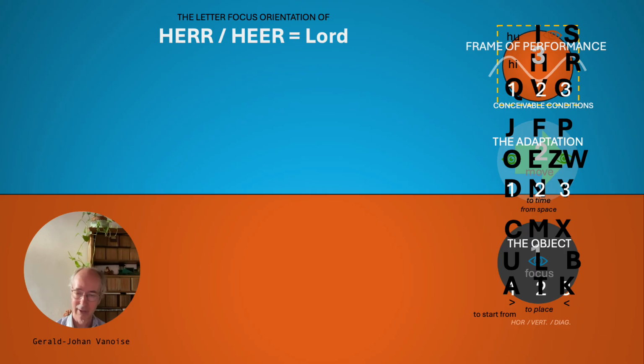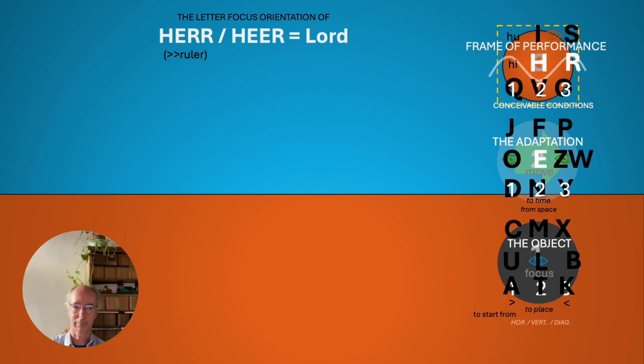And HERR, which is a German word, which is also like the Dutch word Heer, which in English is Lord, has that kind of complexity of the letter H and R from the last category, and that makes it interesting. And at the same time, I will also back up how we interpret it with the idea of dimensions and of the geometry behind it, which I avoided until so far, but I can already give you some introduction.